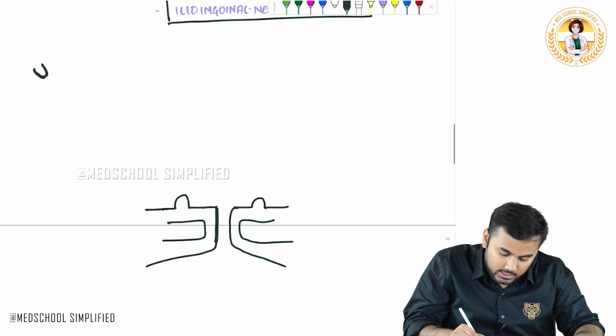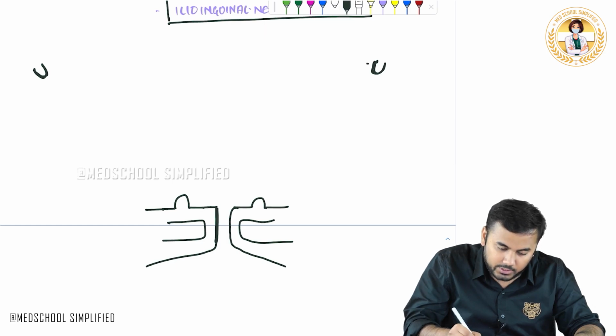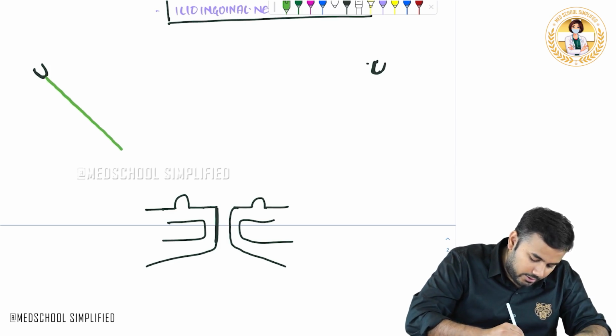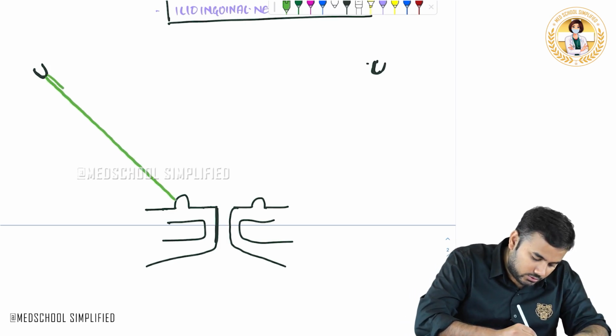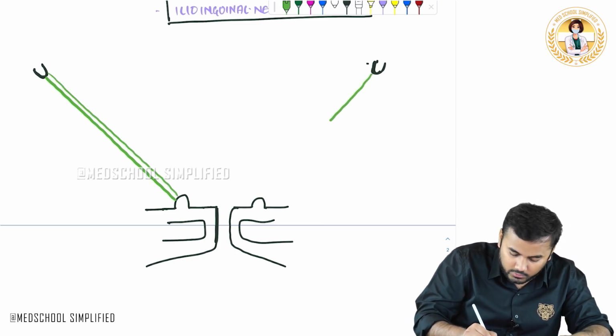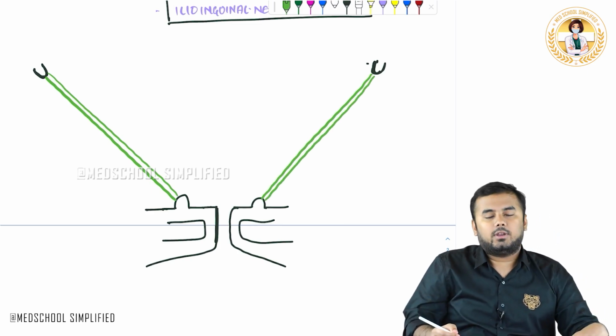Here also you have got the anterior superior iliac spine. Now from the anterior superior iliac spine you have got this ligament called your inguinal ligament, right. So here also let me draw this inguinal ligament.